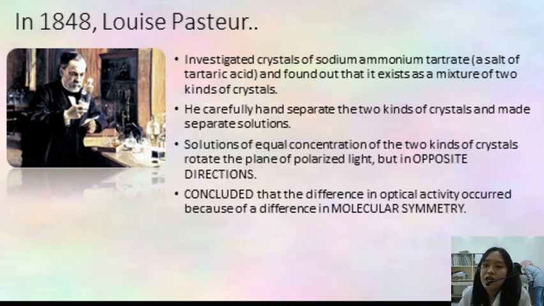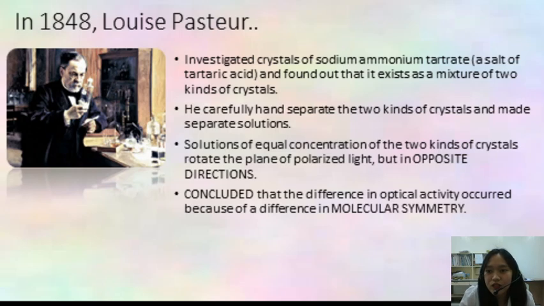So, Louis Pasteur, being a very diligent man, carefully hand-separated the two kinds of crystals. Using only his hands, he separated the two forms of crystals found in your sodium-ammonium tartrate and made separate solutions for them. So, the first type of crystal, he dissolved and made into a solution. The second type, he also made into a solution.